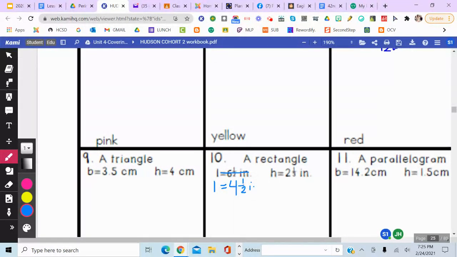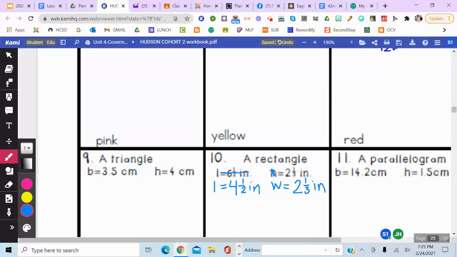So you need to fix that. And then because this is a rectangle, this should really say width instead of height. It's not a huge big deal. They're essentially the same thing. But I didn't want you to get confused. So it should be width is 2 1/3 inches, not height. Okay, so length is 4.5 and width is 2 1/3.